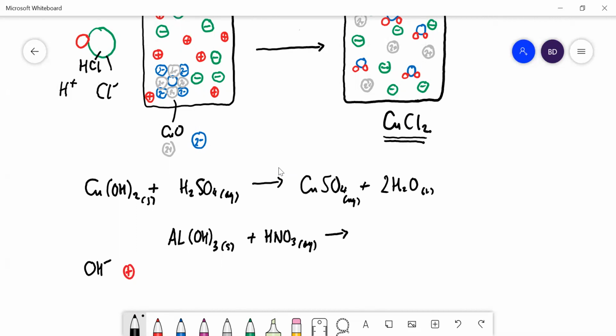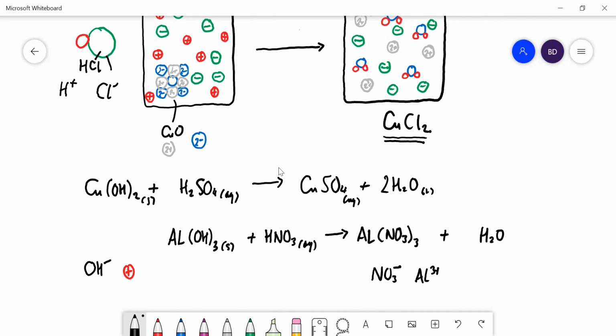Okay, so we're going to form water, and the salt we're going to form is aluminium nitrate, and that has that formula because if you remember, the nitrate has got a single negative charge on it, whereas aluminium has got a 3+ charge on the ion, so it's Al(NO3)3.